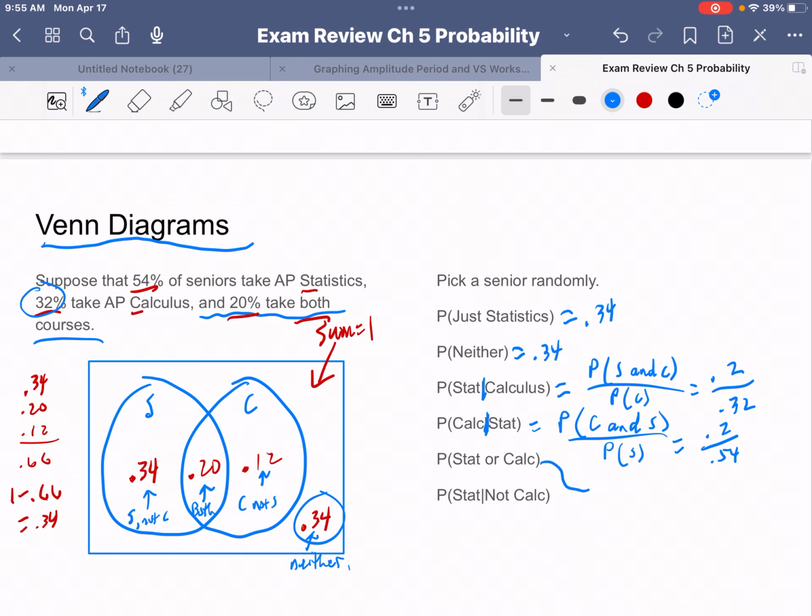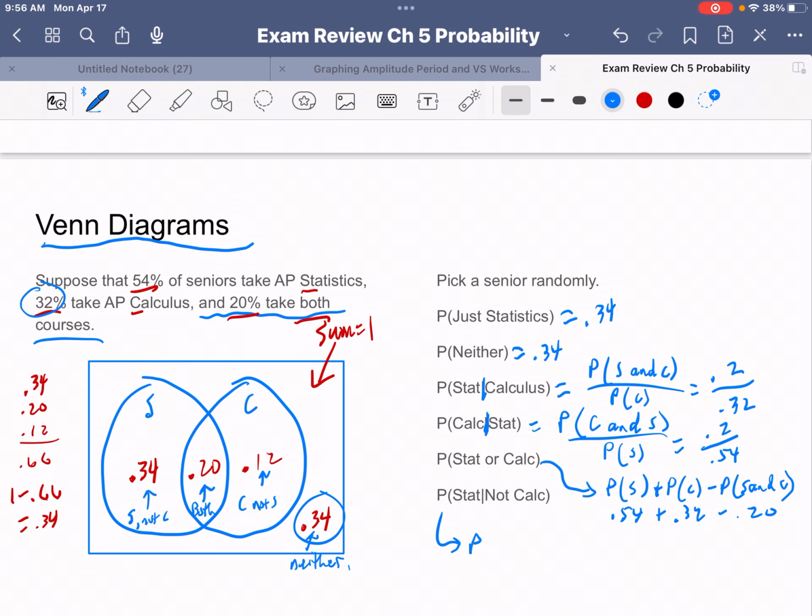Okay, stat or calc. Well, that would be equal to the probability of stat plus the probability of calc minus the probability of stat and calc, the addition rule. So that would be 0.54 plus 0.32 minus 0.20. Get your answer. What is the probability of stat given not calculus?